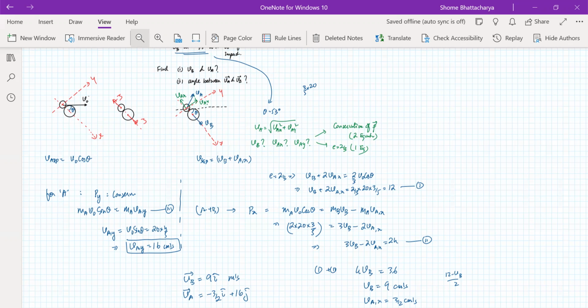Now we can find the angle between them. If the angle between A and B's final velocity, or between VA and VB, is alpha, then cos alpha is a bit of a lengthy operation and we'll get some unusual value. You will see that it will be a negative value, which means that alpha is an obtuse angle, which you can see in the diagram.